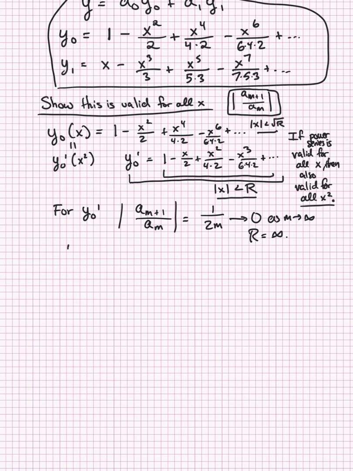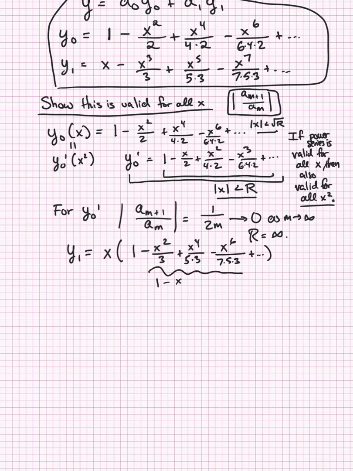A similar argument works for y1. What you can first do is write it as x times something with only even coefficients: 1 minus x squared over 3, plus x to the 4th over 5 times 3, minus x to the 6th over 7 times 5 times 3, and so on. Again, you can write this as a square, so I won't write all this out.